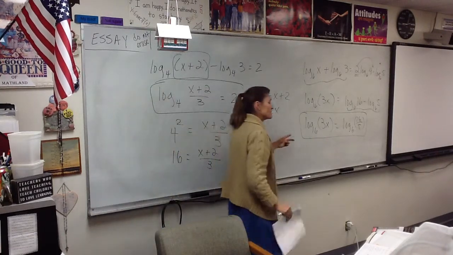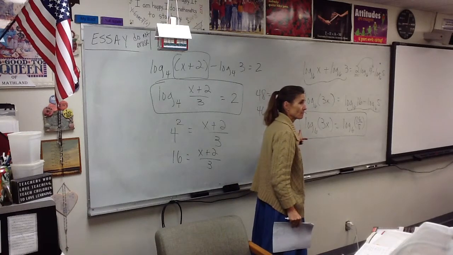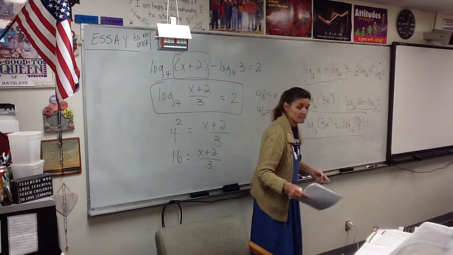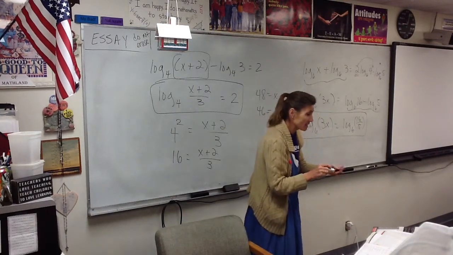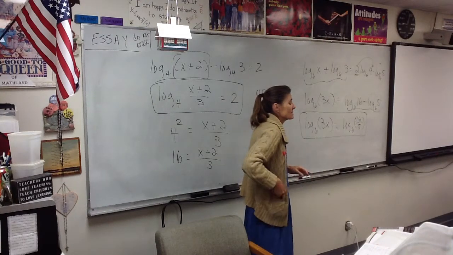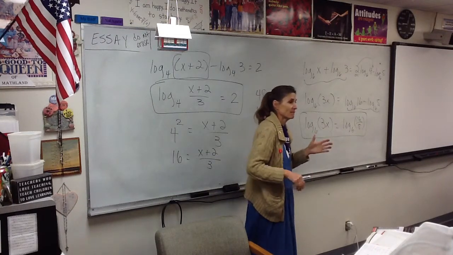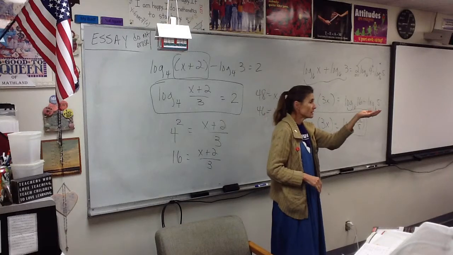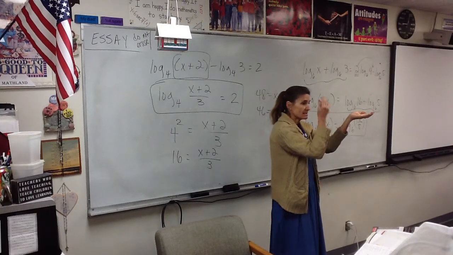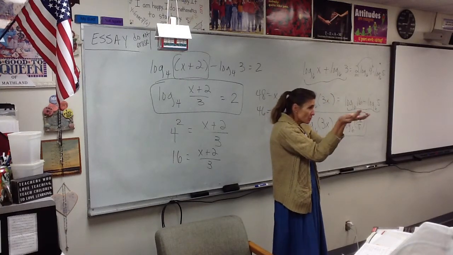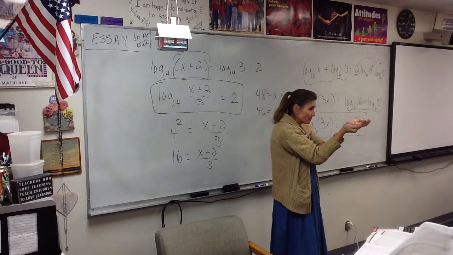What do you think we're going to do with this? I want you to think about this for a second. Michael says, can you just cancel the logs? It's not really canceling. Think about it for a second. If the log in this hand is the same as the log in this hand, don't these two things have to be the same?